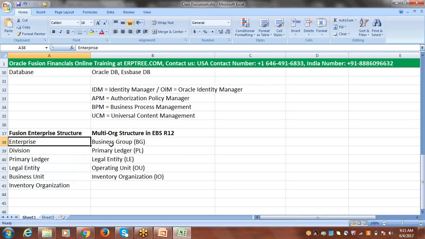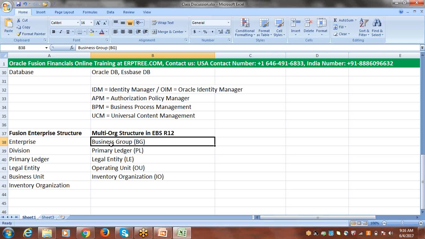In EBS, when you talk about business group, we can create one or multiple business groups, purely depending on the client requirement. You may create a separate business group for each country, or create one business group for multiple countries. That's how you can manage your employee information primarily.